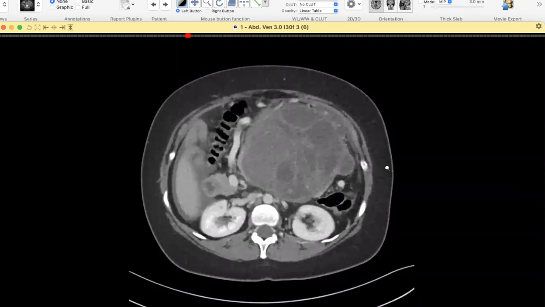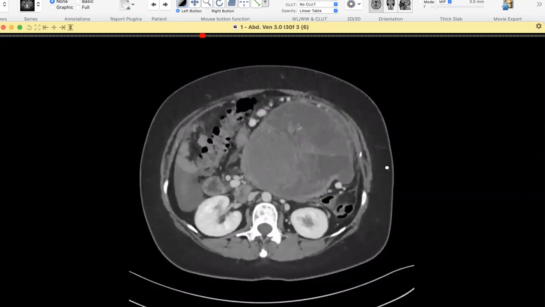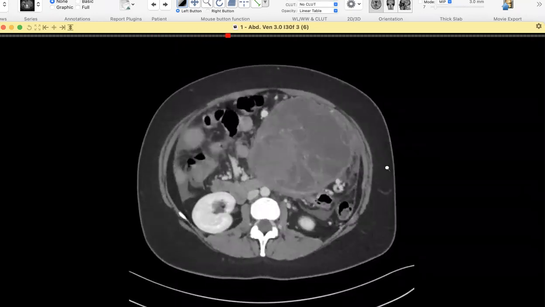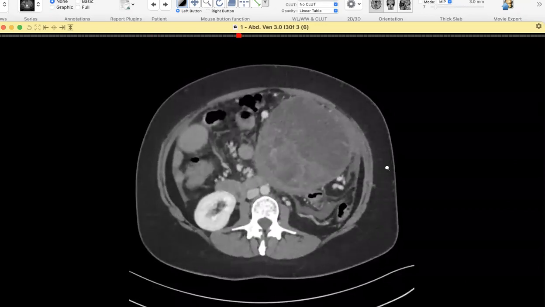And I would want to convey these findings to the referring clinician, get the pancreatic surgeon on board in case needs.